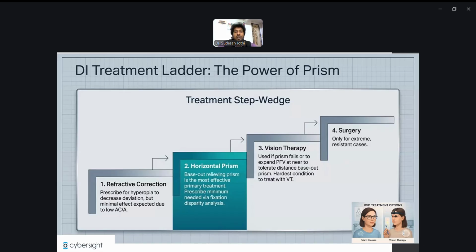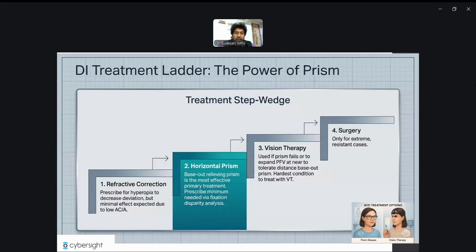After ruling out the neurological causes, we can confidently manage true DI, which is divergence insufficiency, since it is a low AC/A ratio condition. Prisms play the primary role in the treatment.